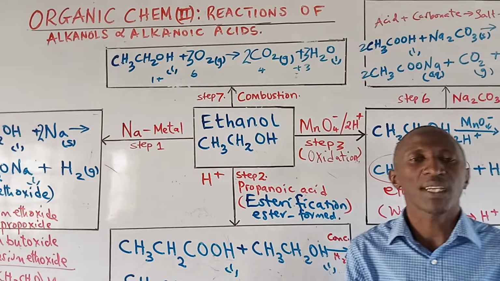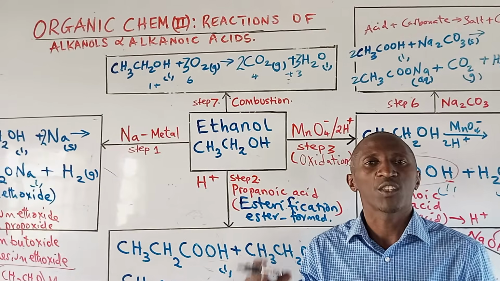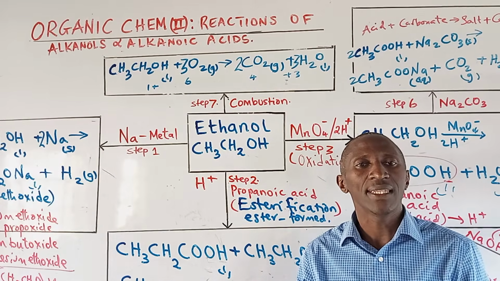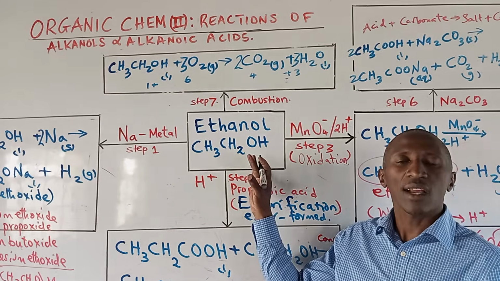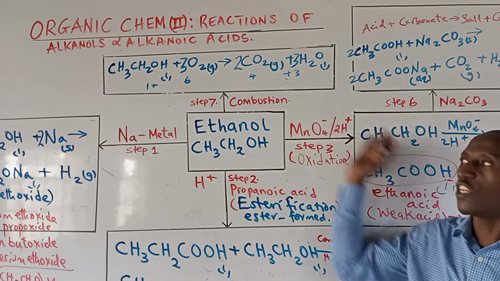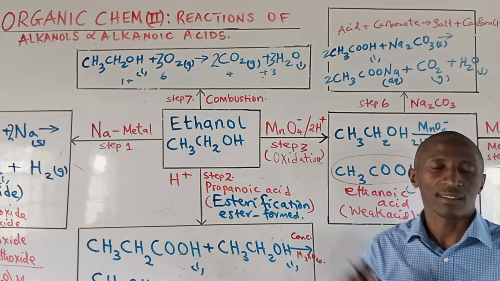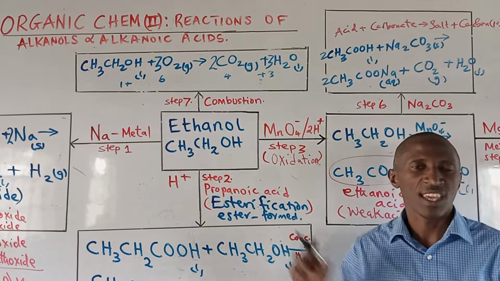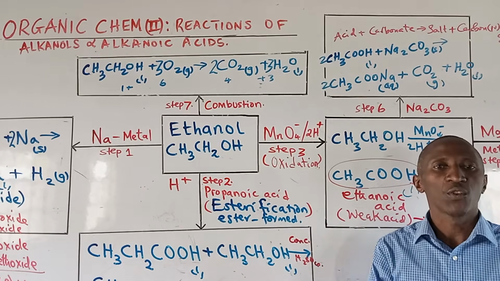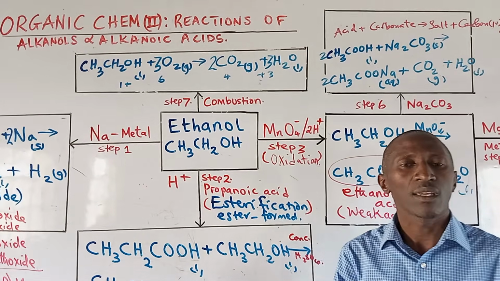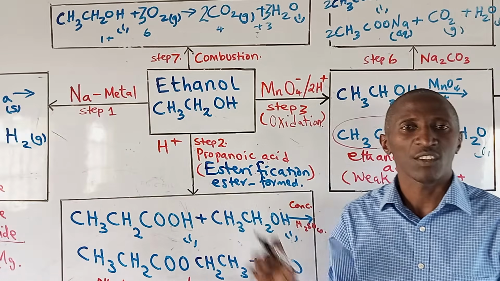So viewers, we may expect a question that deals with the combined section, set 1, that is organic chemistry 1, the reaction of alkanes, alkenes, and alkynes, together with alkanols and alkanoic acid in form of a flowchart and the respective products asked, more so their name. We are confident that with this kind of a revision, you'll be able to go through the topic very well and get the full marks in this particular section.